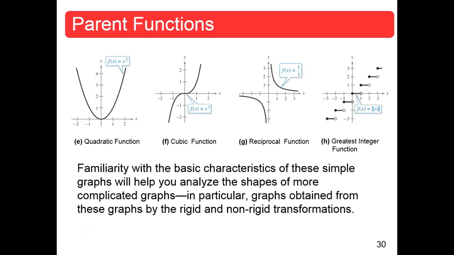The others all look pretty similar, but the cubic function, if you have more terms, typically has two lobes, one here, one there. You can change signs and have a lobe here or there. To me, it's the one that looks most dissimilar to its parent function. Okay? Make sense? Okay.